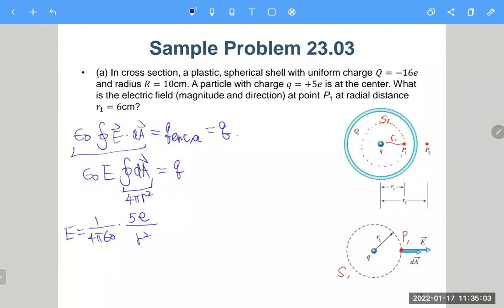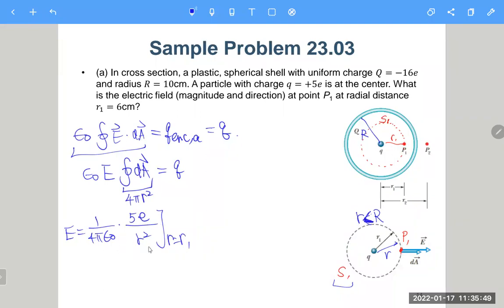We can define the radius of this Gaussian surface to be R. Actually, this holds for any Gaussian surface with radius R less than capital R, this one is capital R. If R is strictly smaller than capital R, then this expression should be correct.